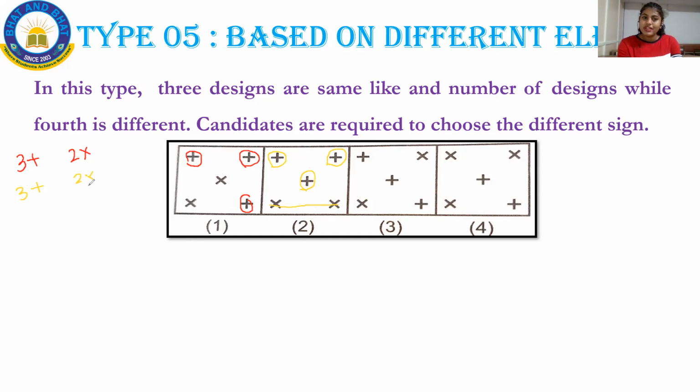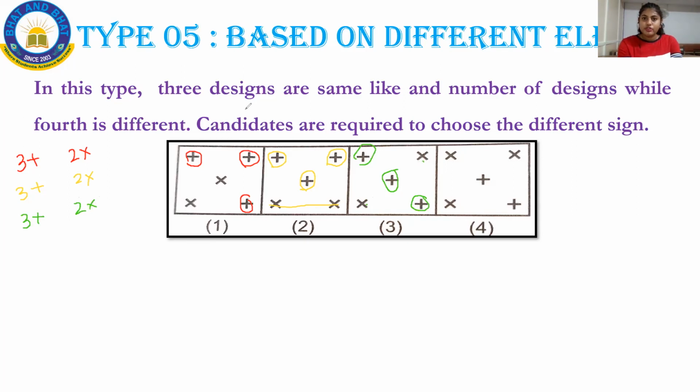Now I'll go with option 3. Look, students, how many plus signs? 1, 2, 3. Again, it has 3 plus signs. And how many intos? Obviously 1, 2. 2 intos.